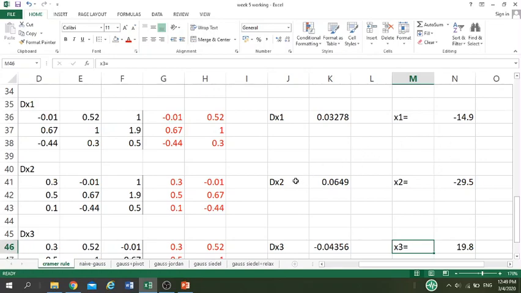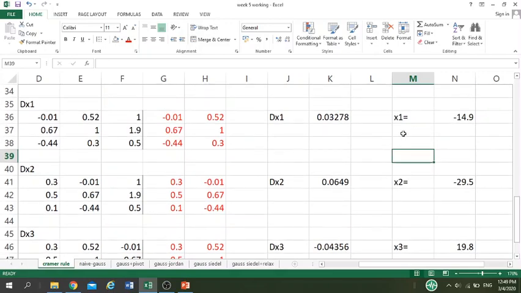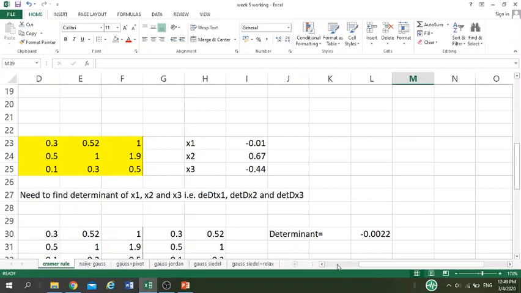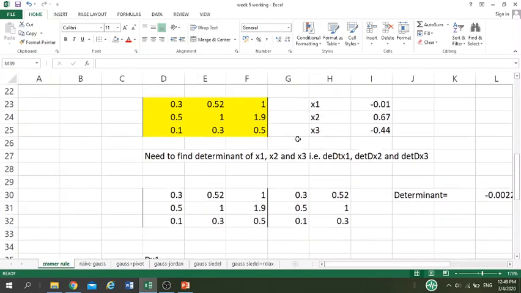Using Cramer's rule, we have found the solution for each unknown. You can check whether we got the correct answer using your calculator; I believe you can get the answer in a matter of seconds.